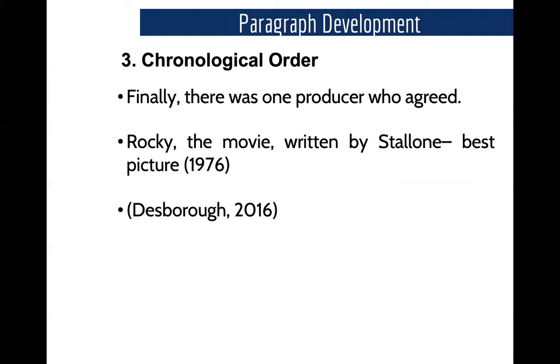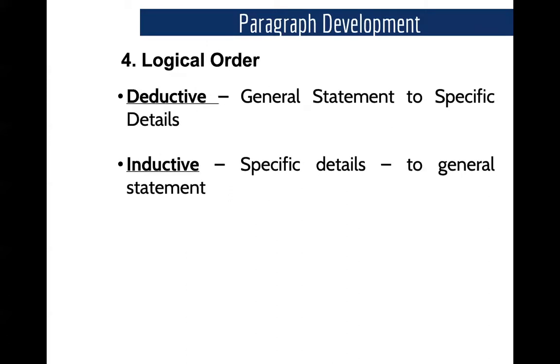It was written by Sylvester Stallone, and it won Best Picture in 1976. That's actually the chronological events when Sylvester Stallone became a star, who started from being nobody to somebody, right?